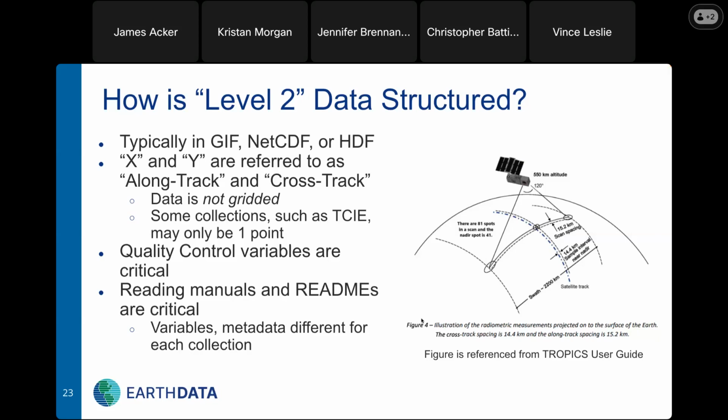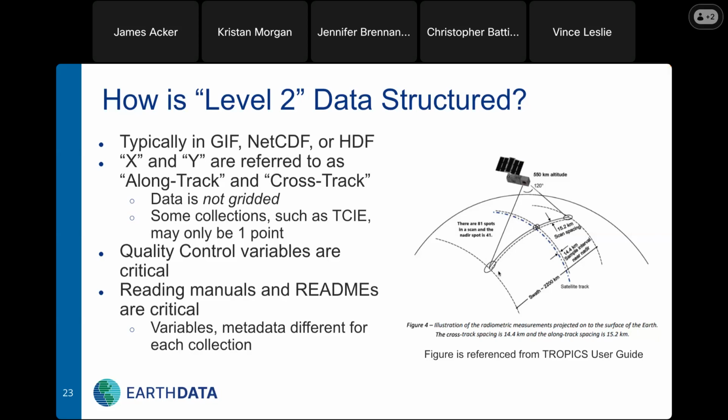a sphere. And so you have the satellite that goes across the swath, and in this case for TROPICS, you have a 2,200 kilometer long swath. For TROPICS, that takes about 1.5 hours to traverse. So you will see that the granules are structured with a start and an end time that is about 1.5 hours long.